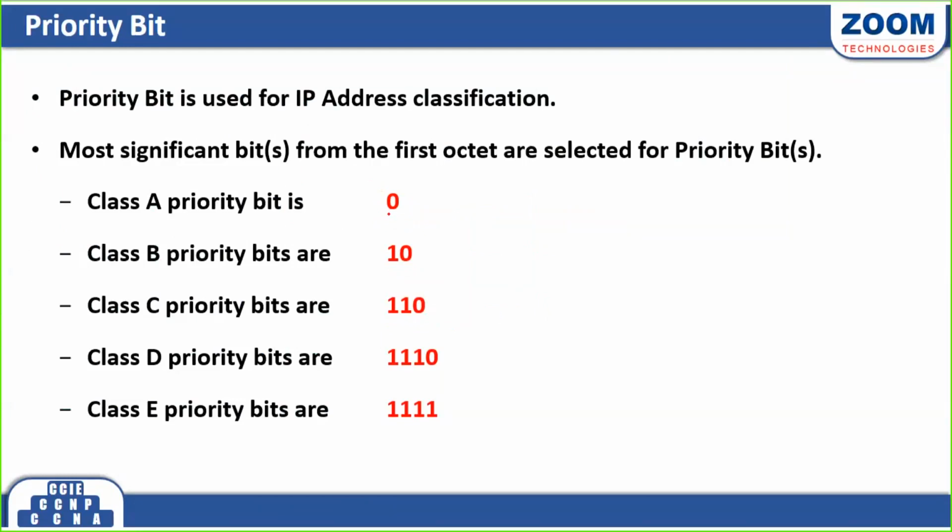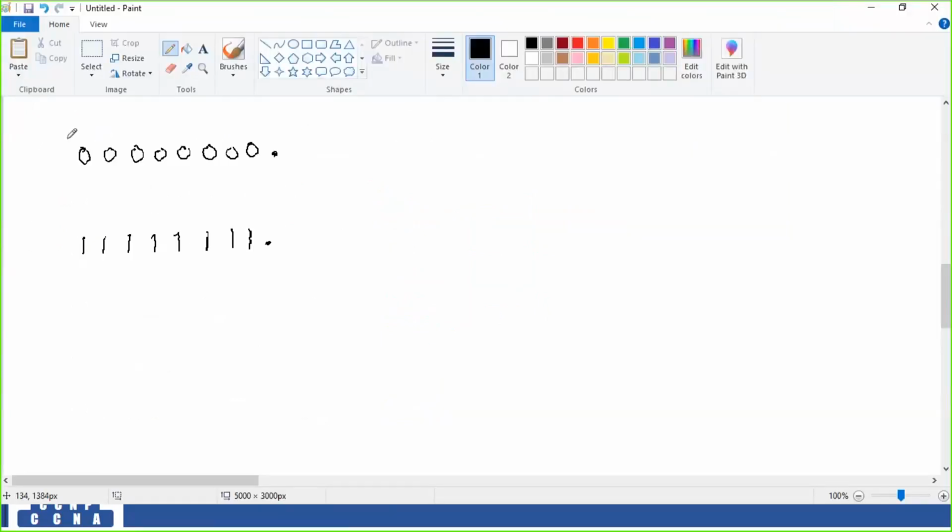So here, first bit 0 is reserved, meaning the first bit should be 0. Let me make it a 0. Done. First bit is reserved as a 0. Correct? Yes.